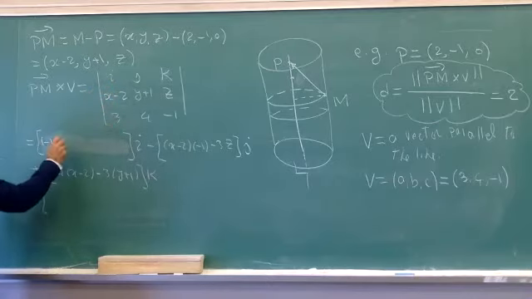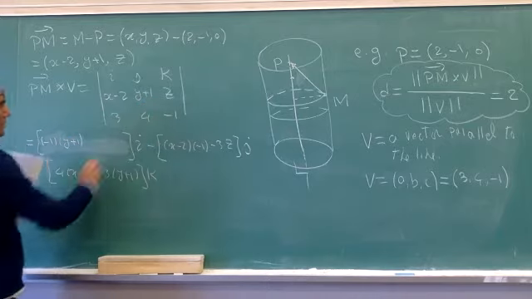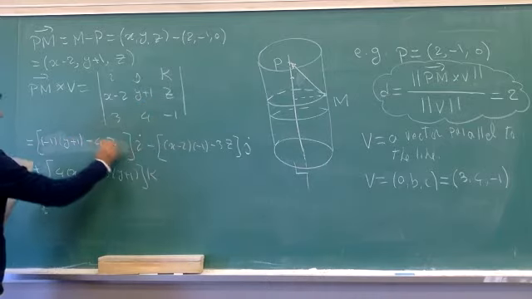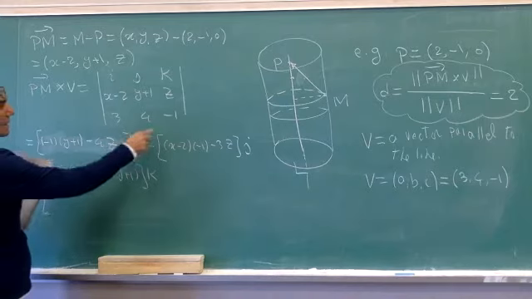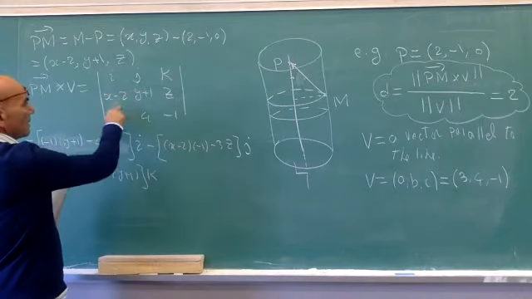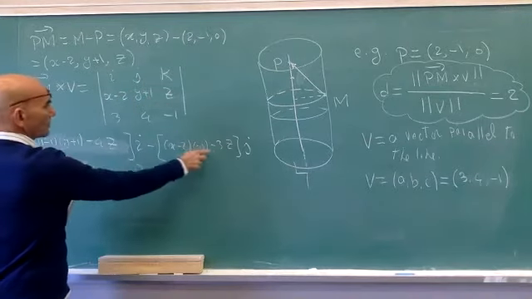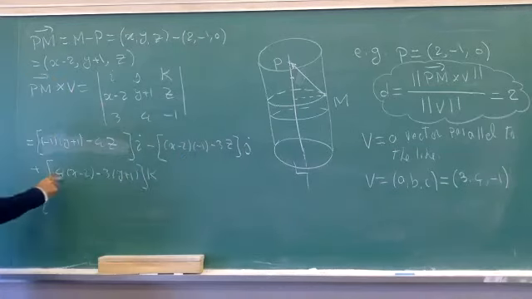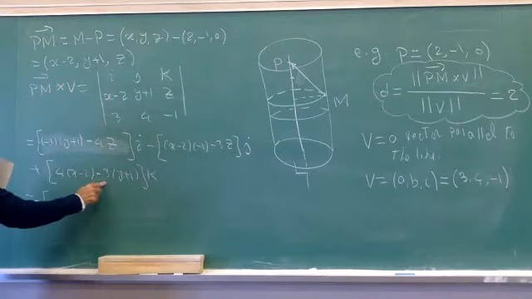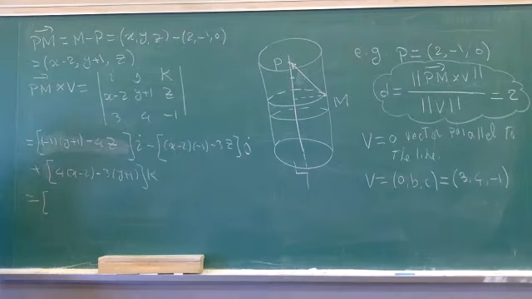Minus 1 times y plus 1. And then minus 4z, I. Then this is x minus 2 times minus 1 minus 3z. This is okay. Plus 4 times x minus 2 minus 3. So this is hopefully okay.